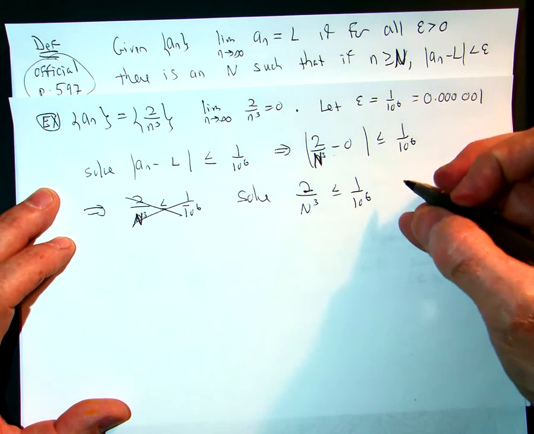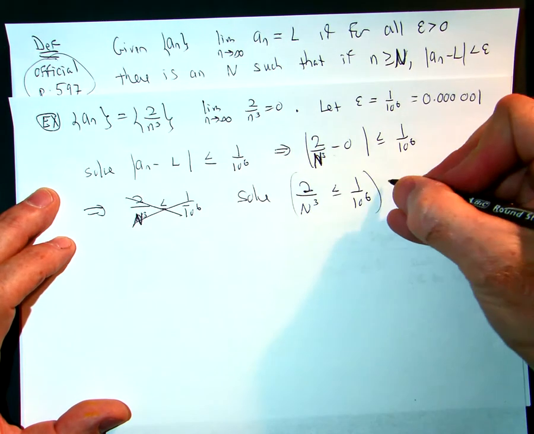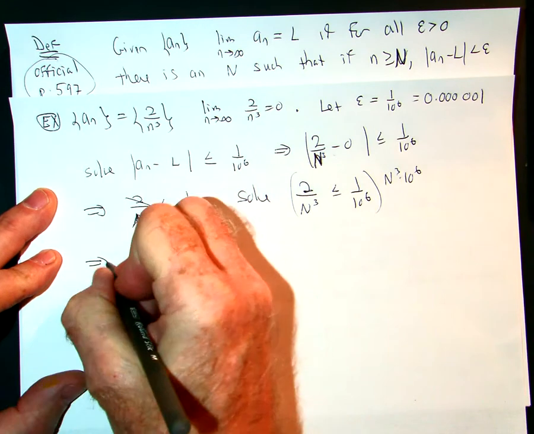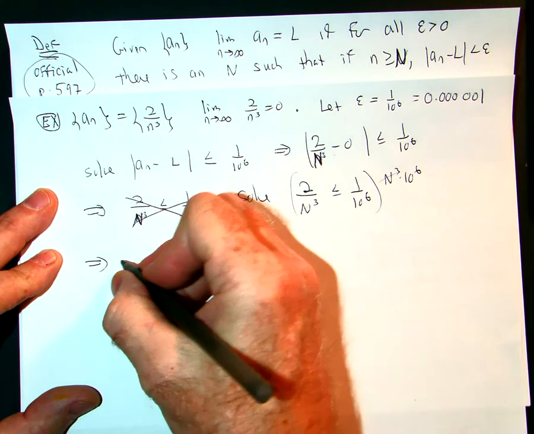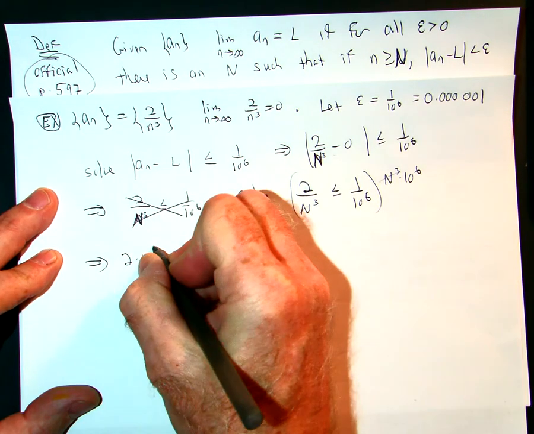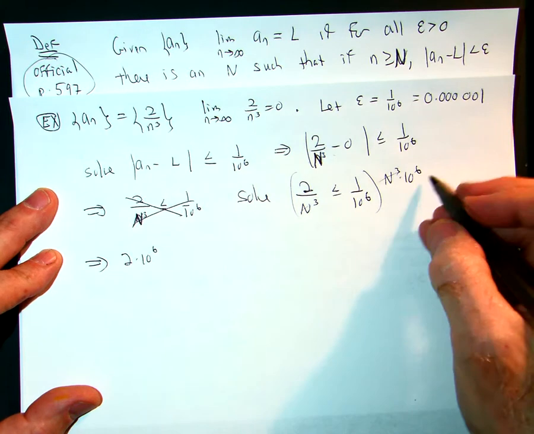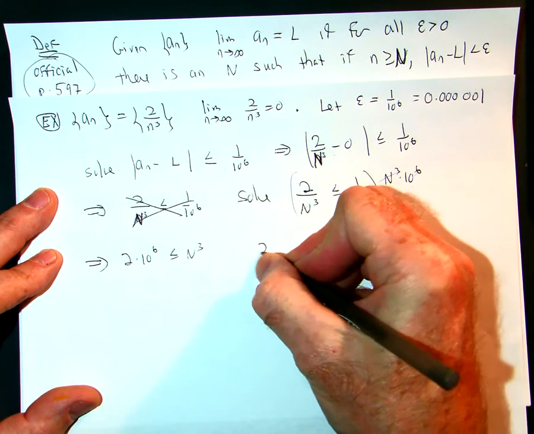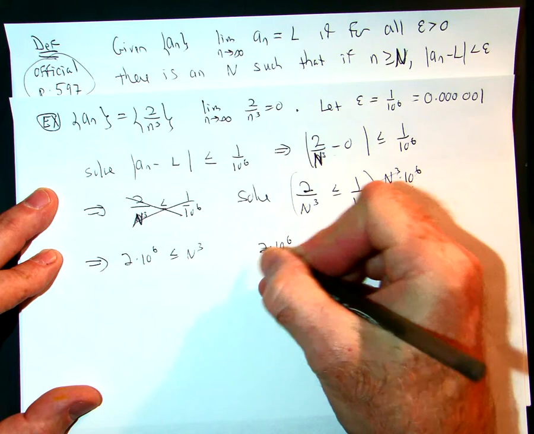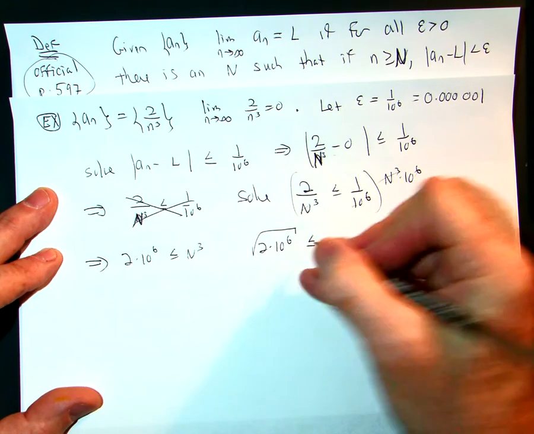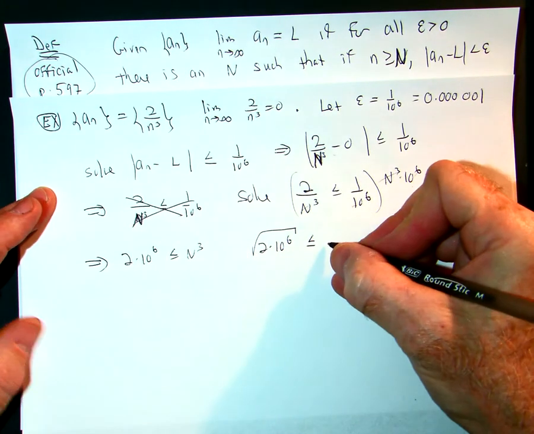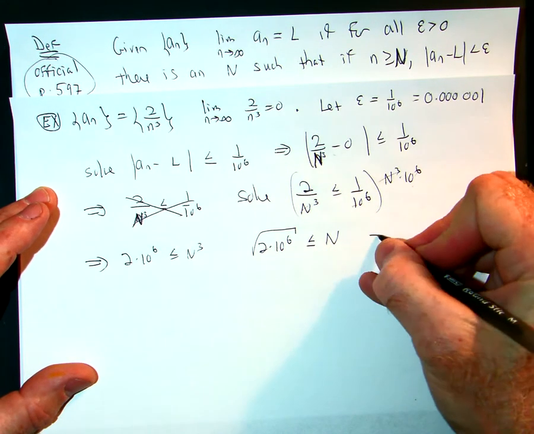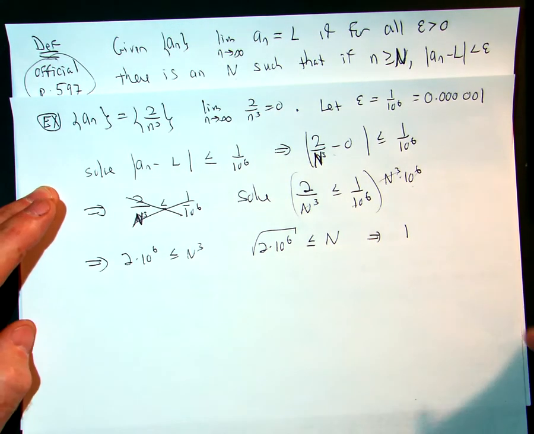So I solve this, multiply both sides by N cubed and 10 to the 6. Those cancel, so I get 2 times 10 to the 6 is less than N cubed. So in other words, the cube root of 2 times 10 to the 6 is less than N.